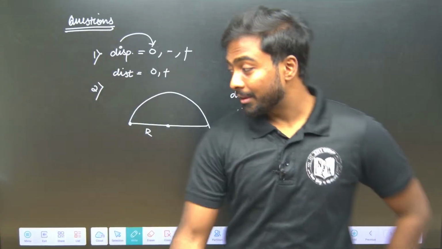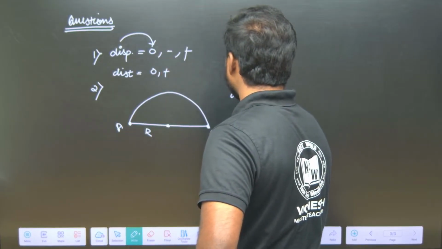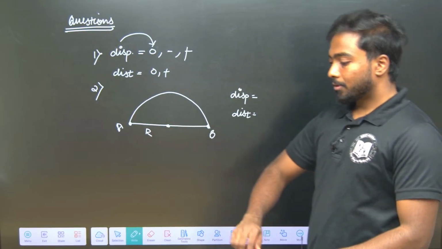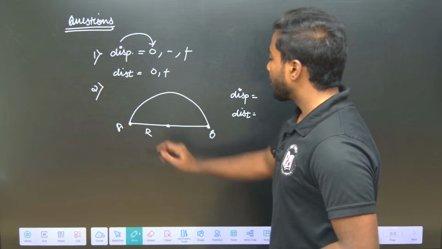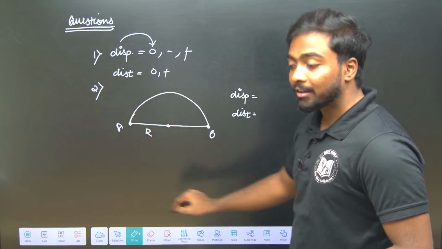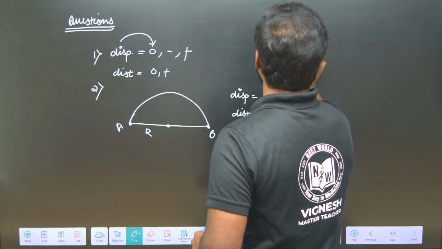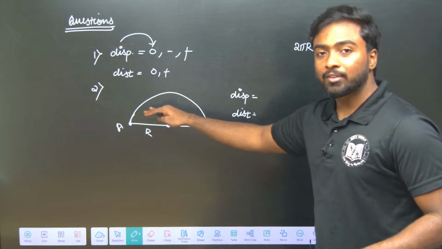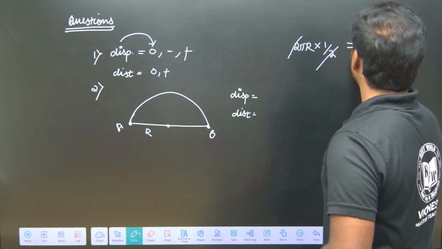Let me write here, starting from A and ending at B, and the radius of the circle is r. So a particle is going in a circular path. The circumference is nothing but 2 pi r, but when I talk about half of the circle, that is 1 by 2, so the 2 will get cancelled, so pi r.